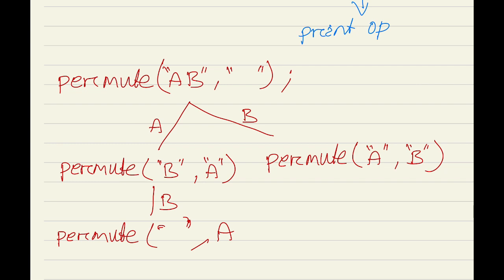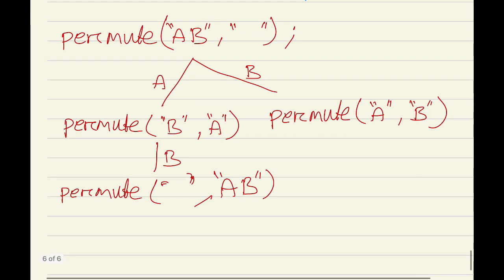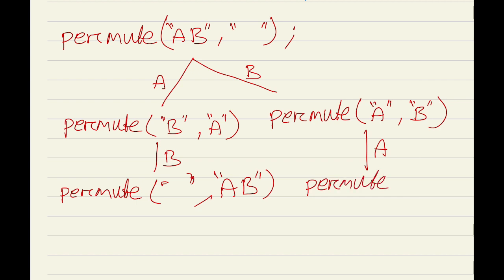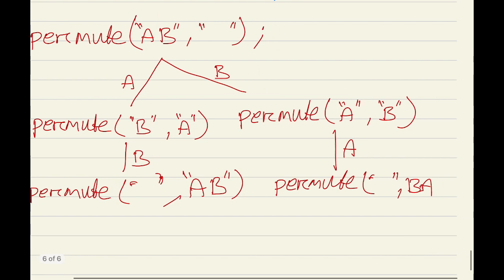That means the output becomes AB. Similarly here, if we select A, because A is the only character, the permute method is going to be reduced like this. The input becomes empty and the output becomes BA.